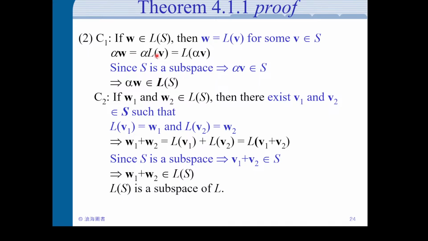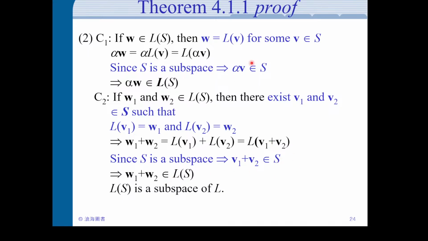Well, alpha times W is mapped from, so now we go the other way of linearity, alpha times V by linearity, and S is a subspace, so alpha times V is inside S. And then we have the similar case for addition. Here we have W1 and W2, and W1 plus W2 is made from V1 plus V2.